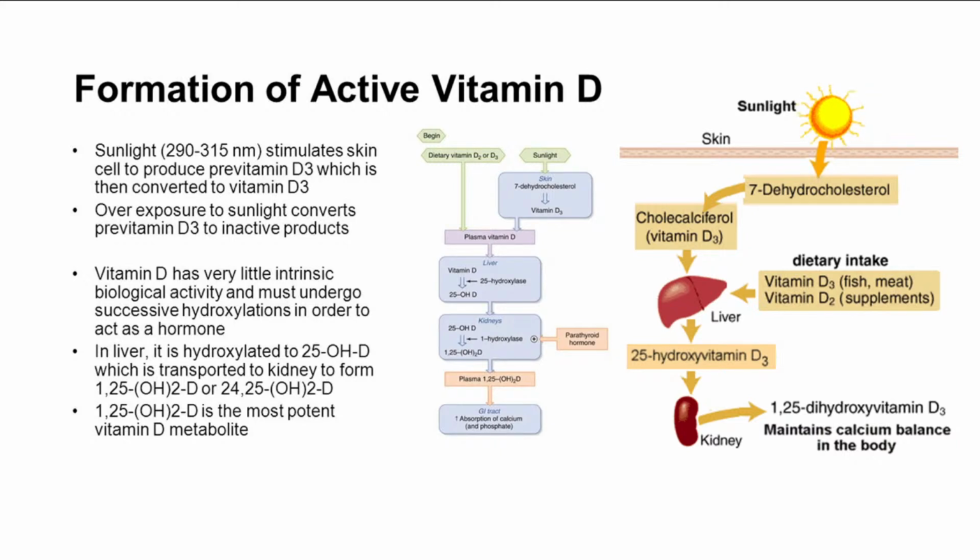One of these steps failing, for example problems with liver or deficiency of sunlight, can be a risk factor for rickets.